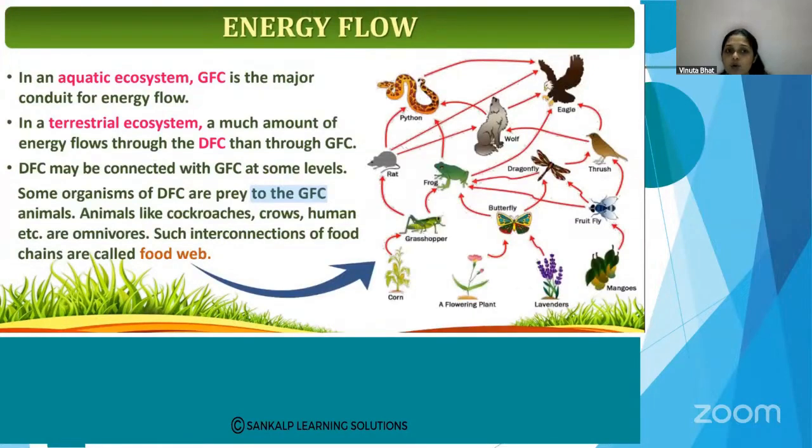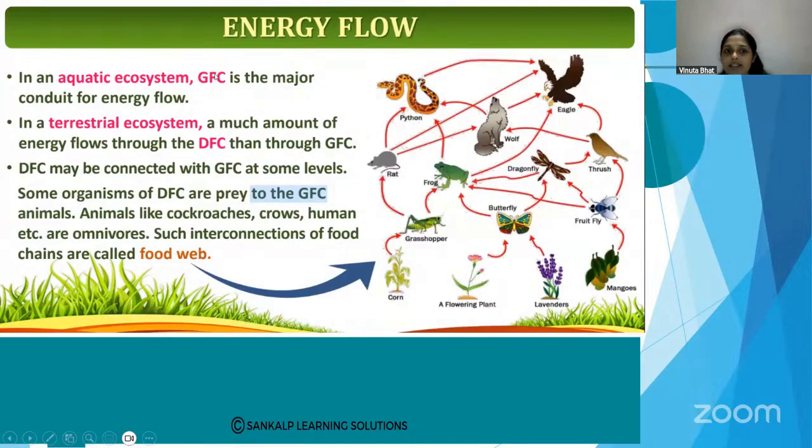So in an ecosystem, GFC is the major conduit of energy flow. What is GFC? Grazing food chain.